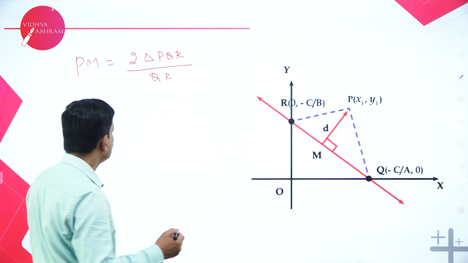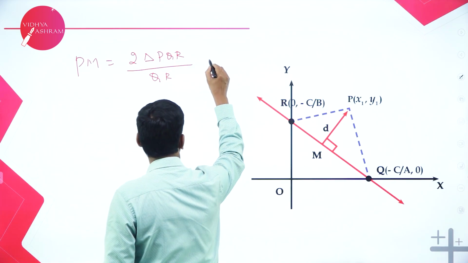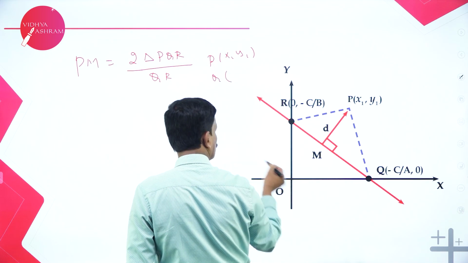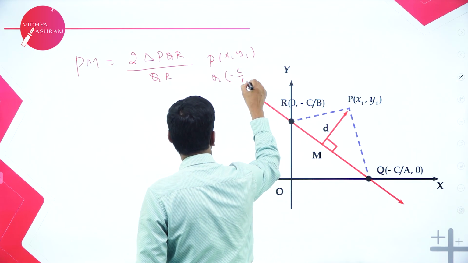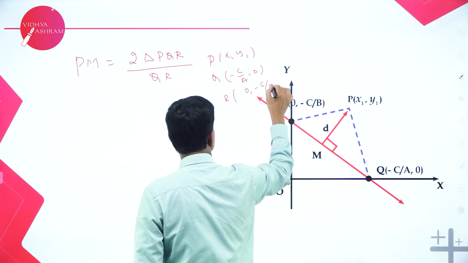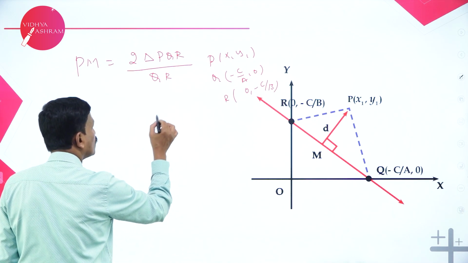Now, first find out the distance QR. So, we know the points. What are the points? P is (x1, y1), Q is (minus c by a, 0) and R is (0, minus c by b). Now, you know the formula for QR.